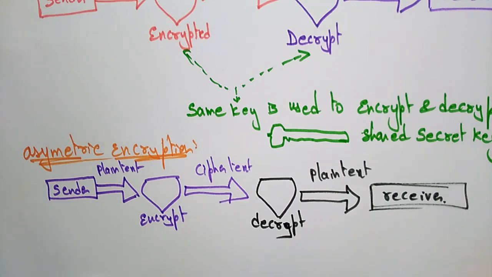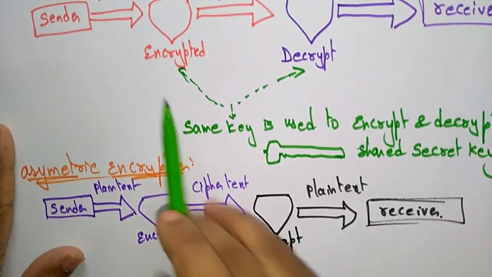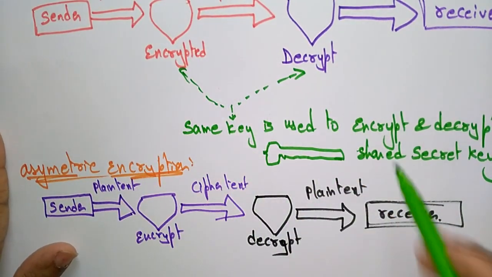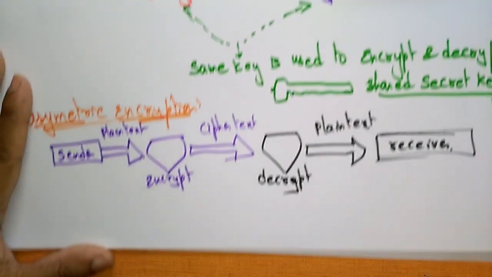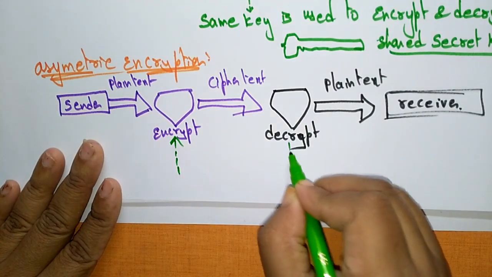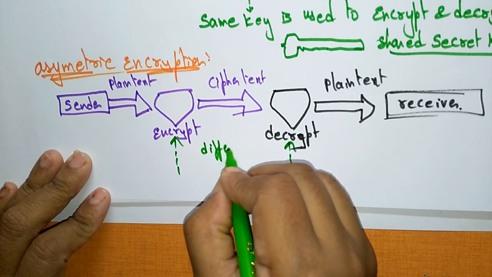But the difference between symmetric and asymmetric is that in symmetric we use the same key for both encryption and decryption, that is a shared secret key, whereas in asymmetric we use different keys for encryption and decryption.